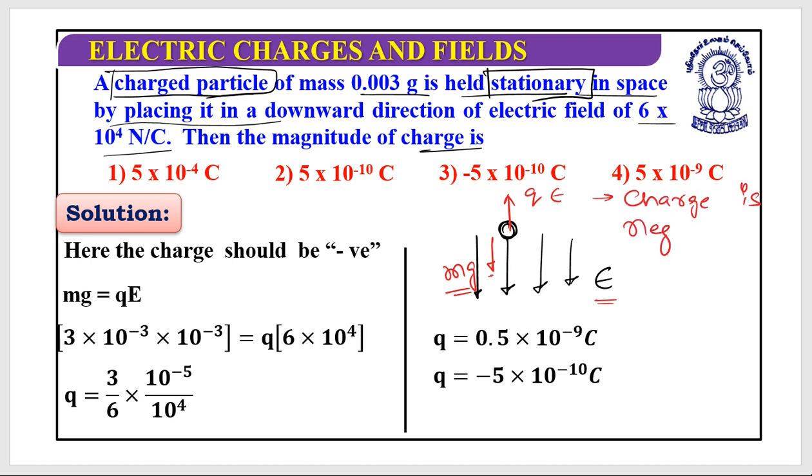So let's say the charge is negative. The force mg is acting downward, and the other force qE is acting upward, and I said it is stationary, so these two forces must be equal. So I equate mg equals qE.